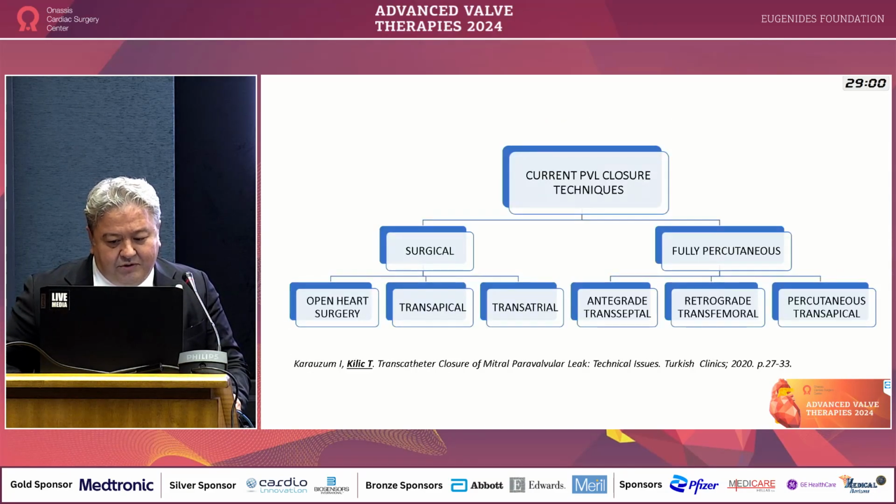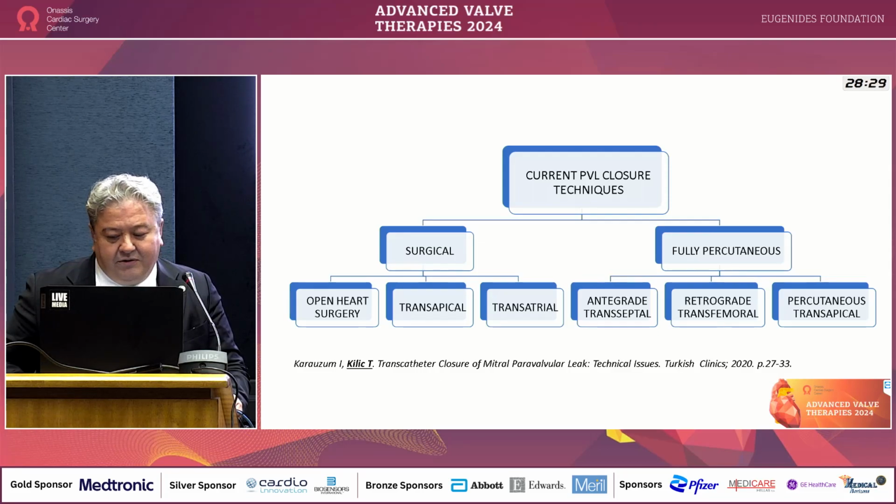When we look at the current techniques, there are two main ones: surgical and fully percutaneous. The surgical one is open heart surgery. The other is surgical transapical closure, and some of our Chinese friends use transatrial closure. But the fully percutaneous approach is very important for the interventional cardiologist: antegrade transseptal, retrograde transfemoral, and percutaneous transapical.